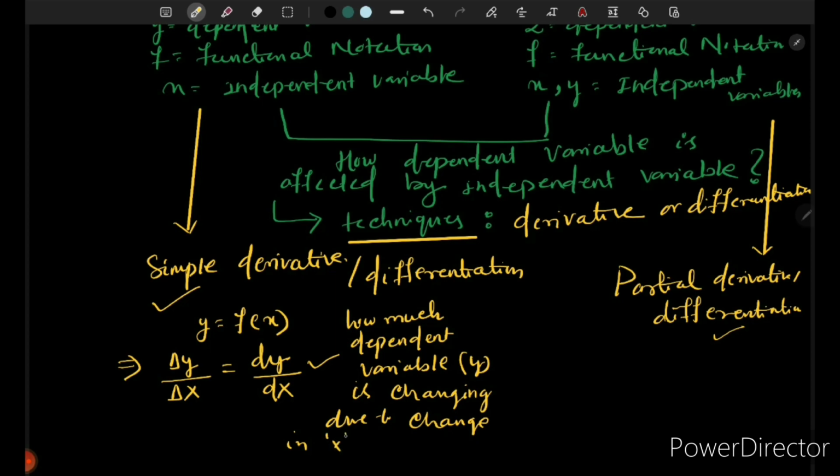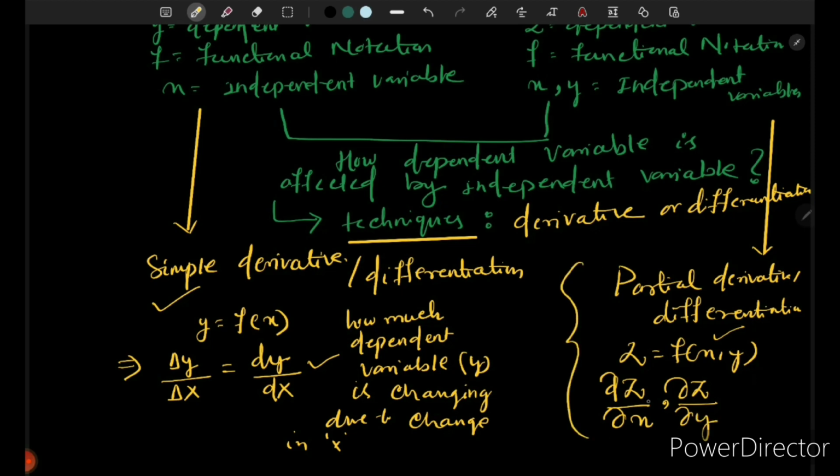Okay, and in case of partial derivative, the matter is something different, like z is a function of x and y. So here we can find out how z is changing due to x, how z is changing due to y. Okay, so this is another matter.